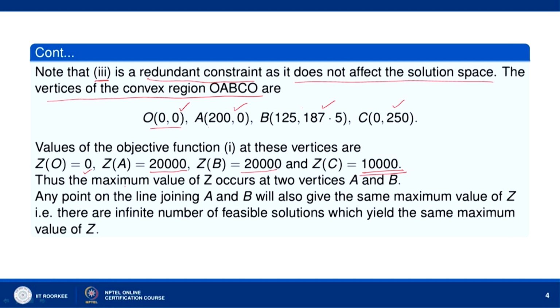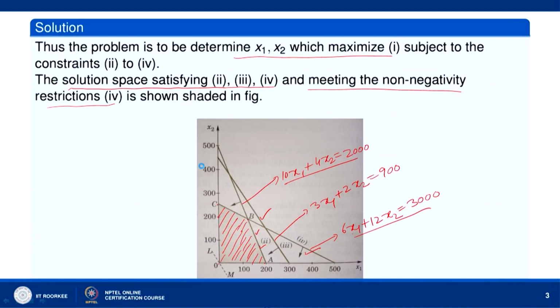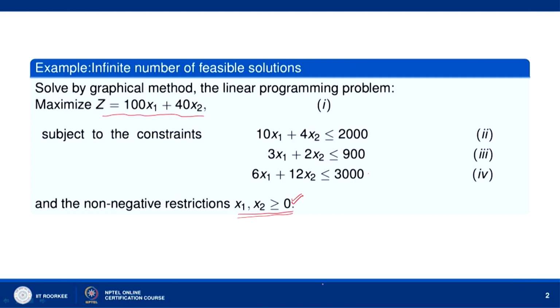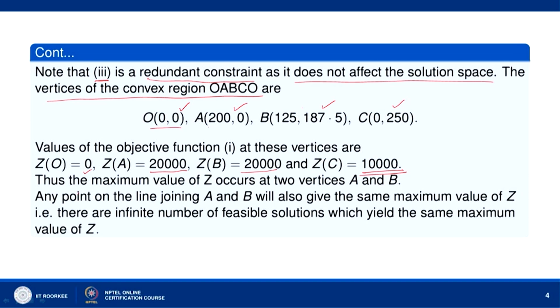So, we can see the maximum value of z occurs at two vertices, A as well as B. At both we get the same value of z, so the value of z is the same along this line, and therefore there are infinitely many solutions.